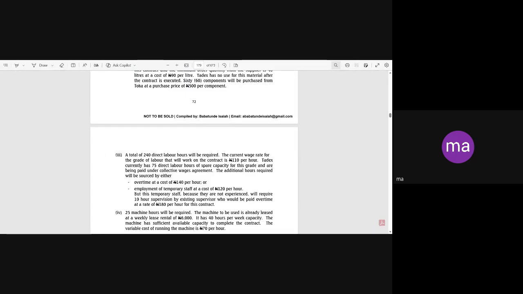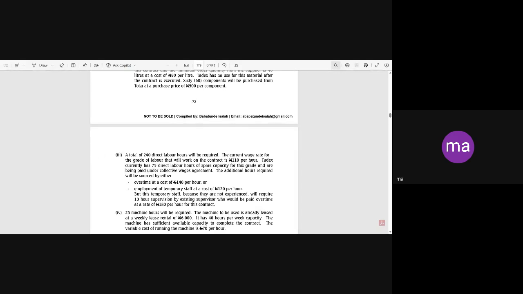It said the material is normally being used by TADEX and it has 20 square meters in stock. The one that is needed is 110. So these were bought at the cost of 120 per square meter. Yeah, resale value.